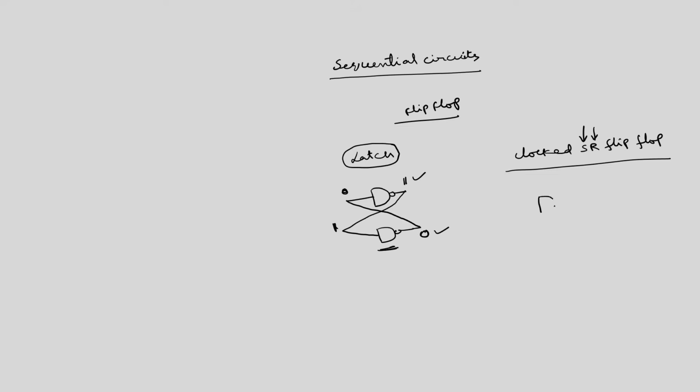This can be designed by using NAND gates. Here we have the clock, this is the S input, this is the R input, and we will have two outputs, one is Q, another is Q complement.